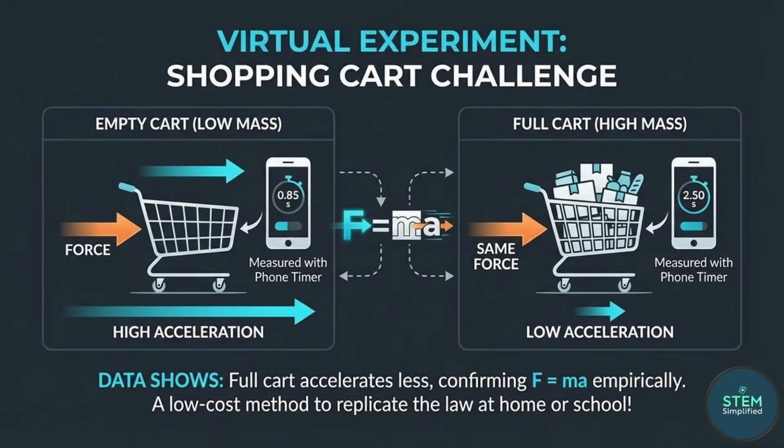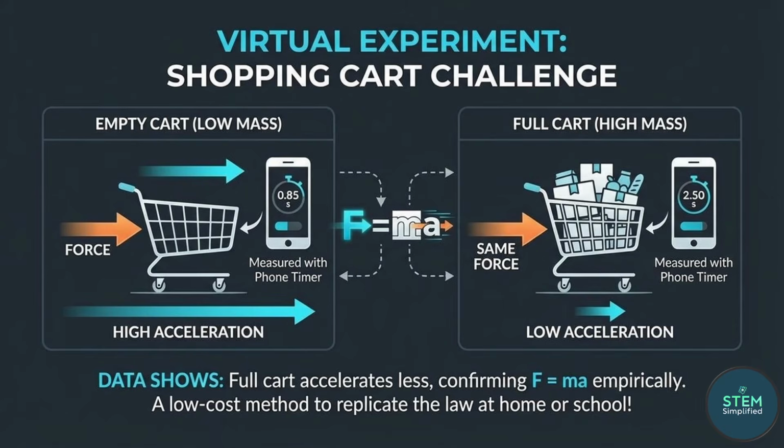Here is another visual representation to help you understand Newton's second law further. The empty cart with the smaller mass reaches the finish line in 0.85 seconds, showing greater acceleration. On the other hand, the full cart with a larger mass takes about 2.5 seconds to reach the same point, showing a much smaller acceleration.